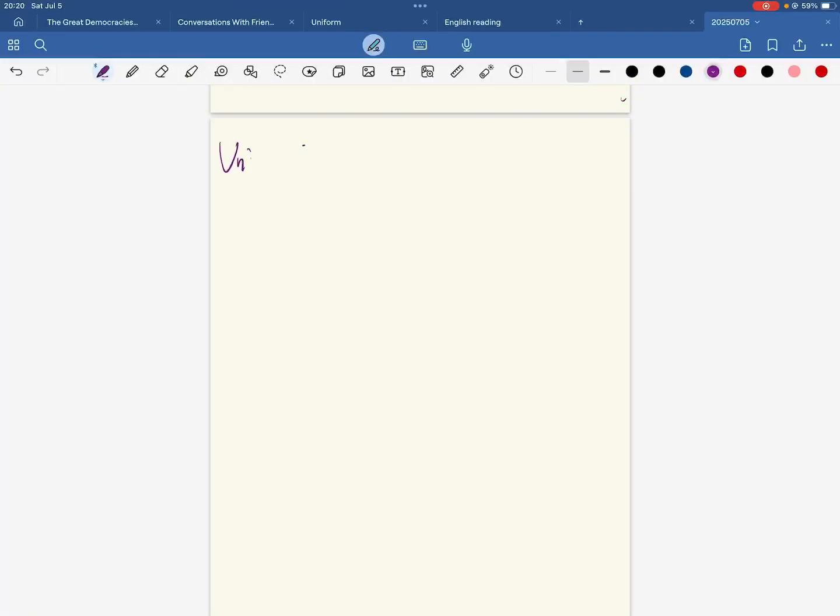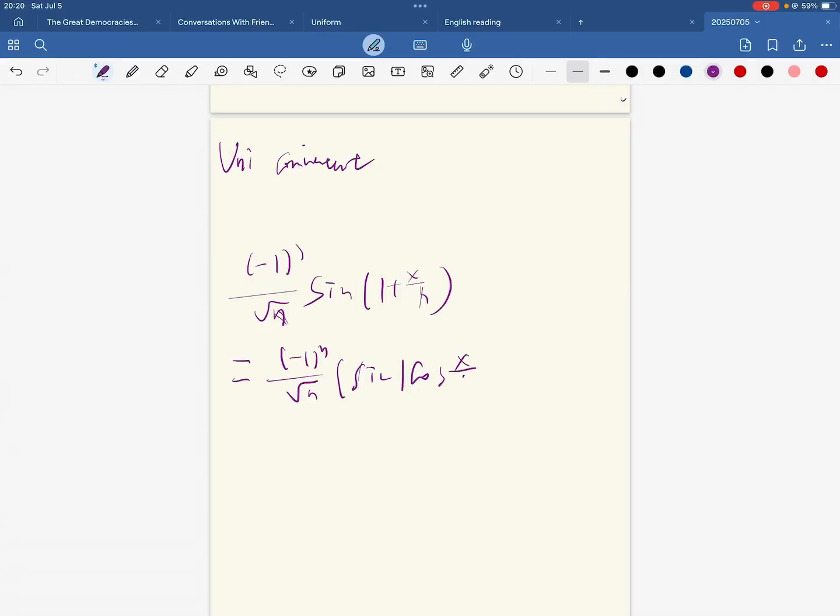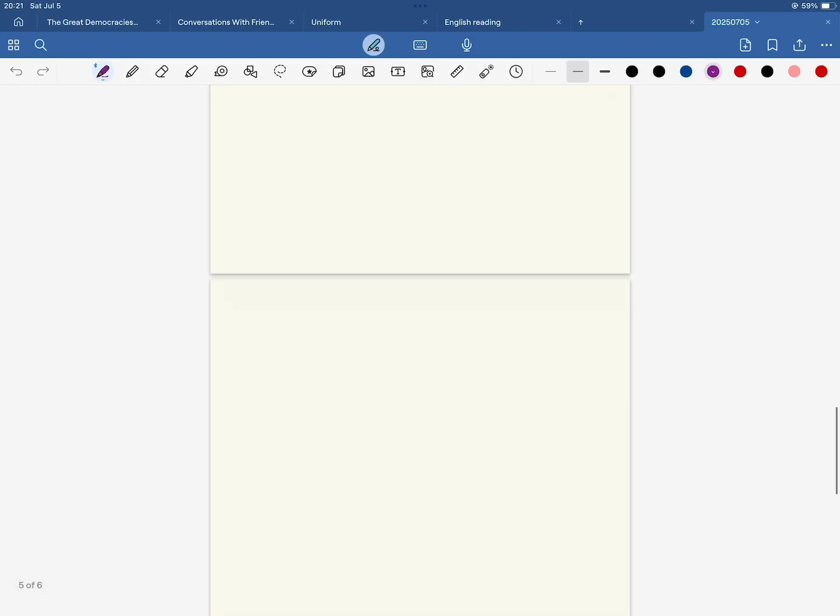Now let's prove it's actually uniformly convergent. Since it's not easy to prove it directly, we could expand this, and we prove that both of them are uniformly convergent, and we finish our proof.